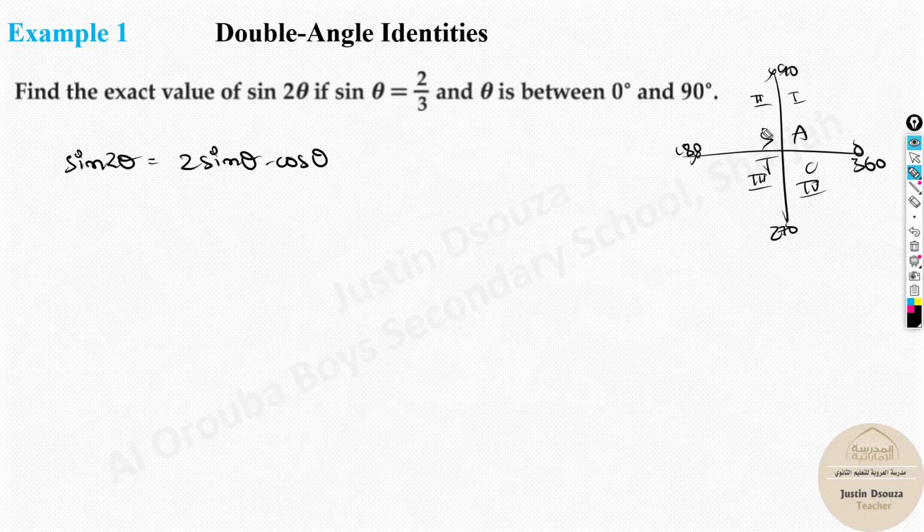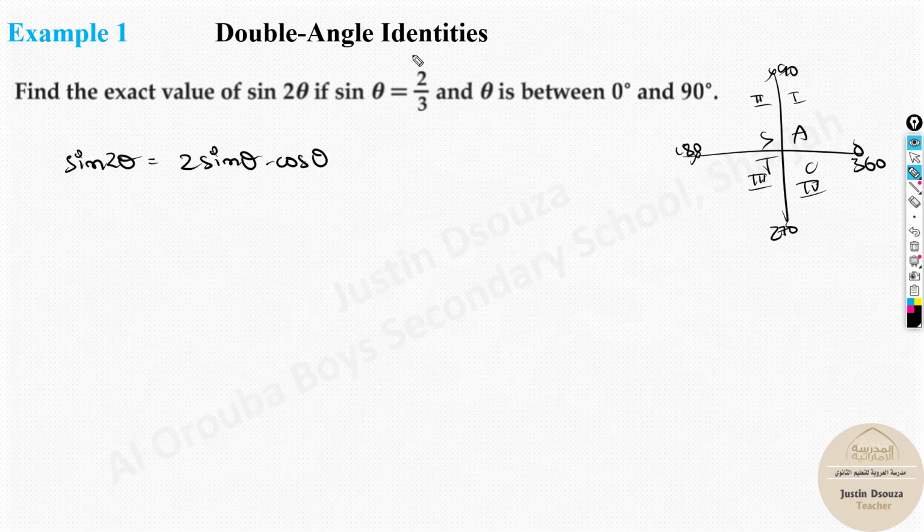This is only for sine theta and cos theta, not the double angle identities, only theta values. If it was 90 to 180, the sine value would be positive, whereas cos would be negative, so your answer would ultimately have been negative. But in this case, we have to consider 0 to 90, so both sine and cos, whatever value you get, must be positive.